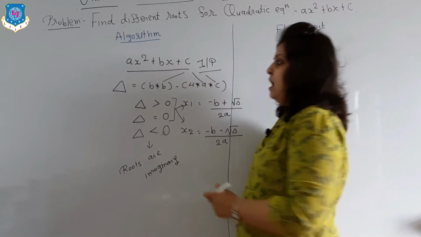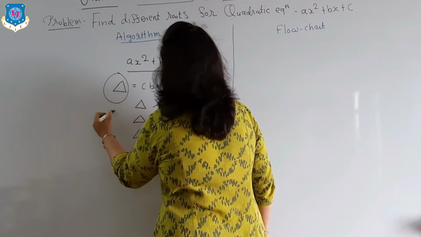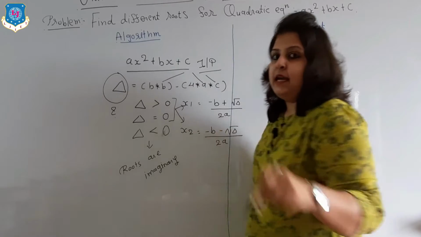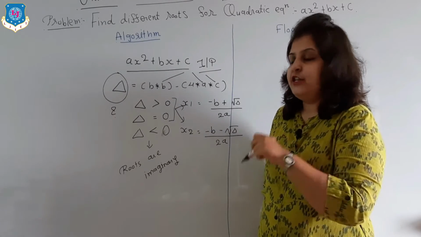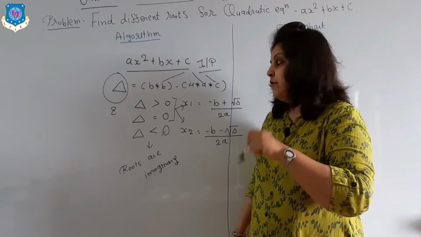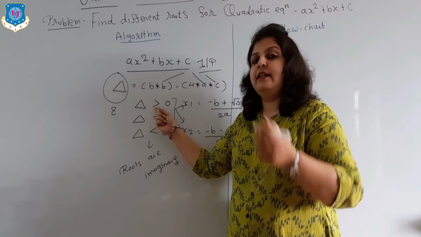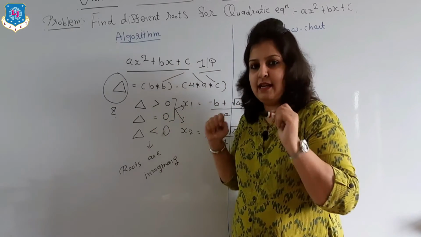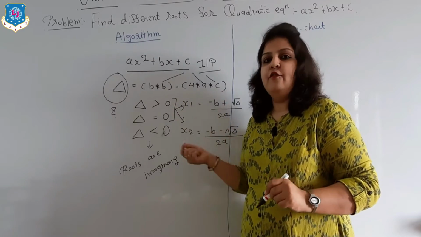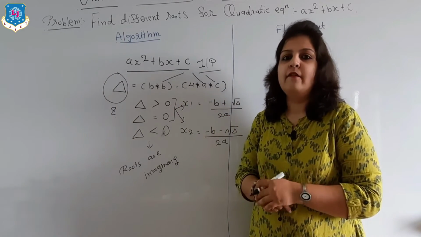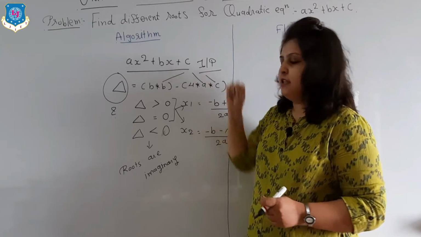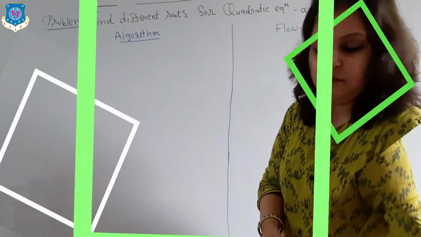In process we first find the value of delta. Then our next step is the condition, where we check whether delta is greater than or equal to 0 or less than 0, and according to this we calculate the value of our roots. So just see how we can write the algorithm.